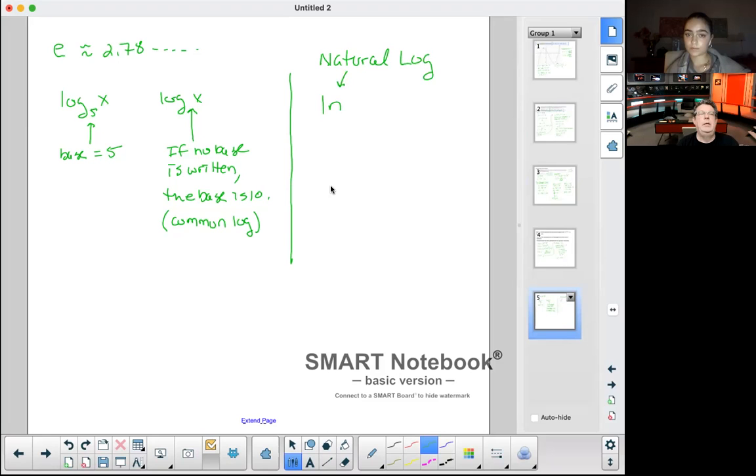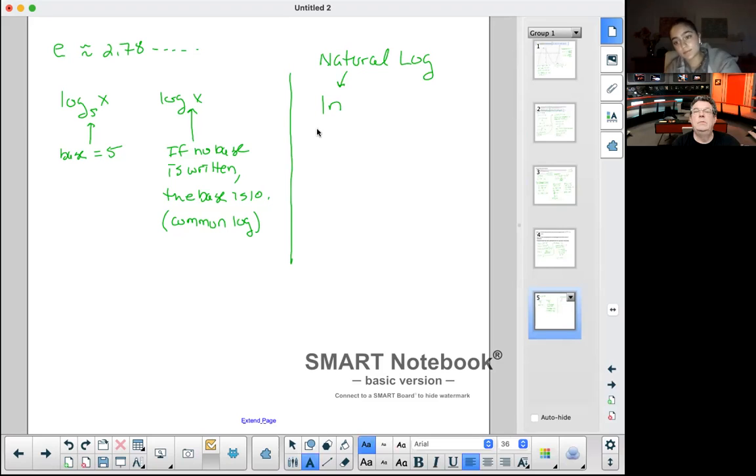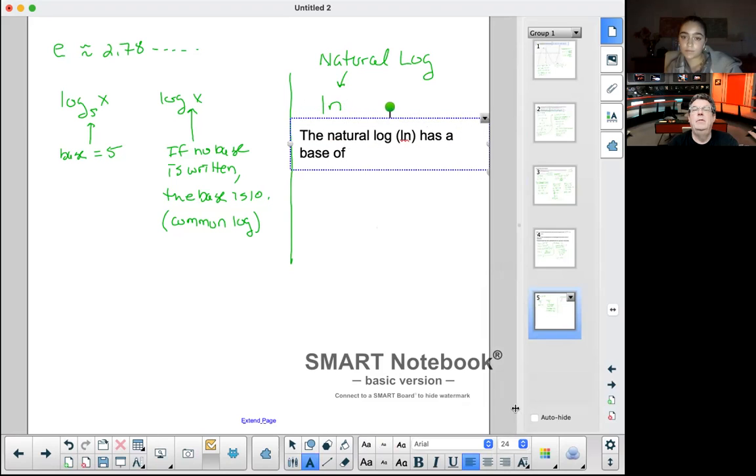And we made up ln because of the number E. The natural log, ln, has a base of E.